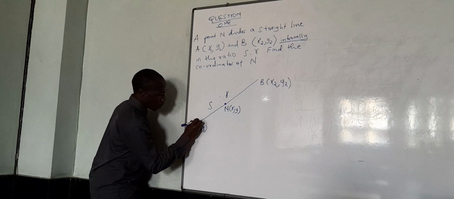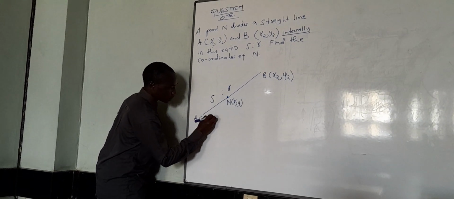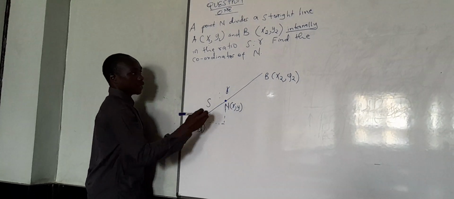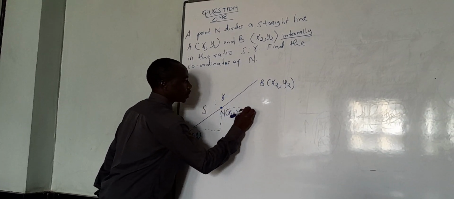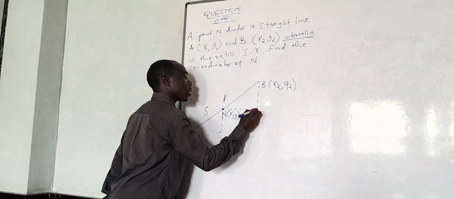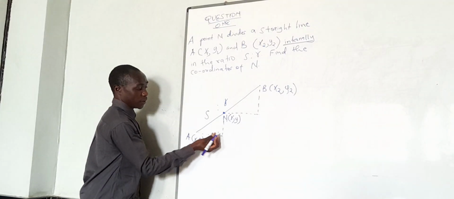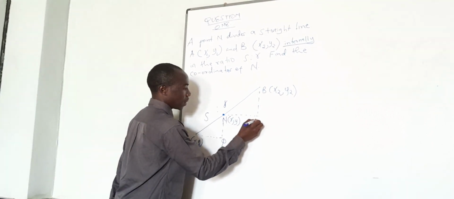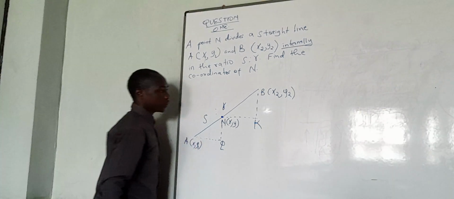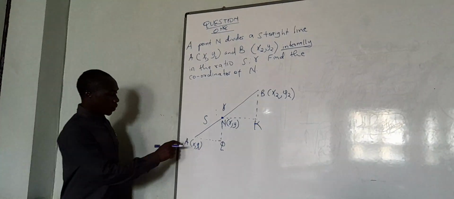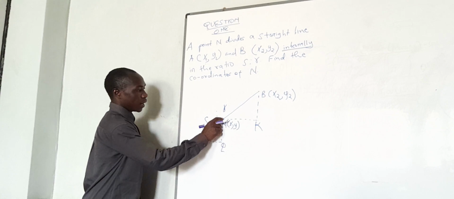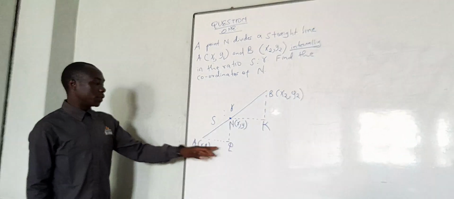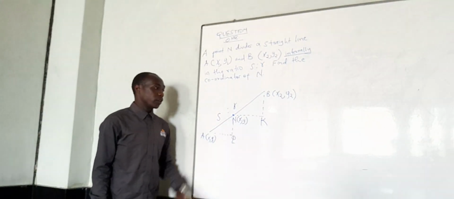Our first triangle will be this one, and then the second triangle will be this one. We can give them names, for example here call it Q, and here call it K. So we have triangle AQN and triangle NKB.